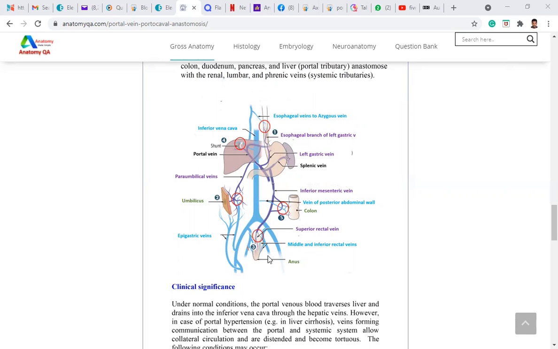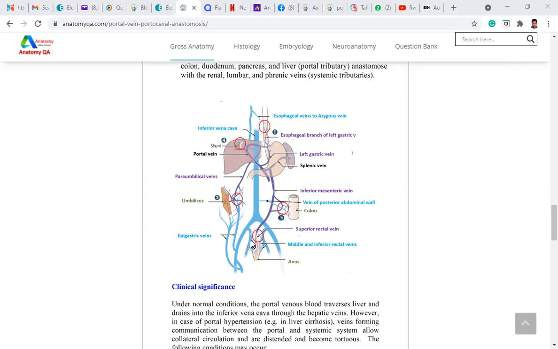The third point is in the anal region, where we have anastomosis between the superior rectal vein of the portal system and the middle and inferior rectal veins of the systemic or caval system. So that's anastomosis here. When blood pressure increases due to congestion and increased blood volume, we'll have hemorrhoids.